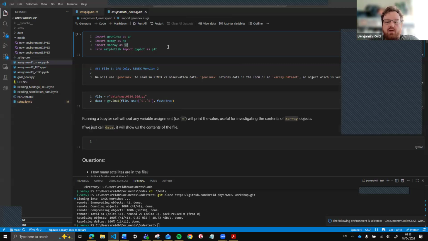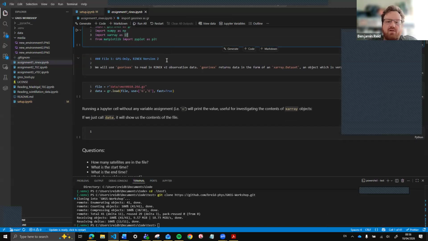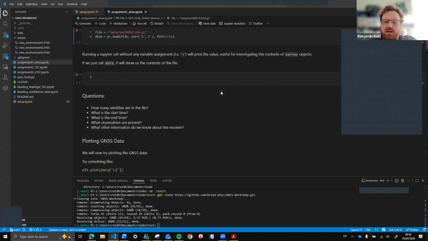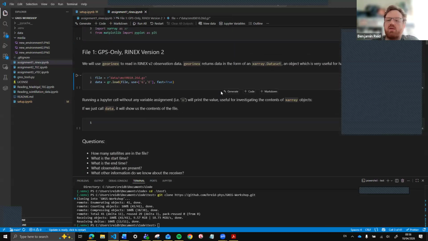It should be pretty self-explanatory. It just takes you through how to read in the data, how to look at what's in the file.